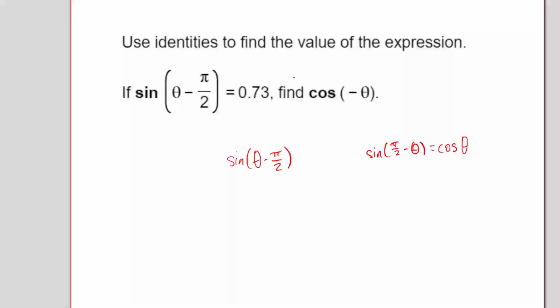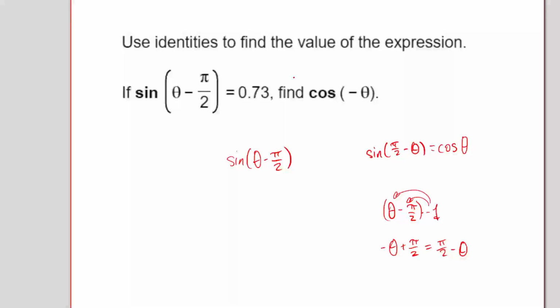Okay, so how do we make this pi over 2 minus theta? Well, pi over 2 minus theta is theta minus pi over 2 times negative 1. If we distribute this negative 1, we get negative theta plus pi over 2, which is equal to pi over 2 minus theta, because since it's addition, you can just swap theta and pi over 2.